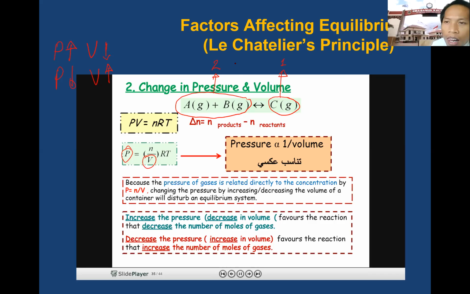Now, if you already know the total mole here, it's very easy. The rule is like this. If I increase the pressure, and at the same time automatically the volume decreases, then the equilibrium will shift from the high mole to the low mole.